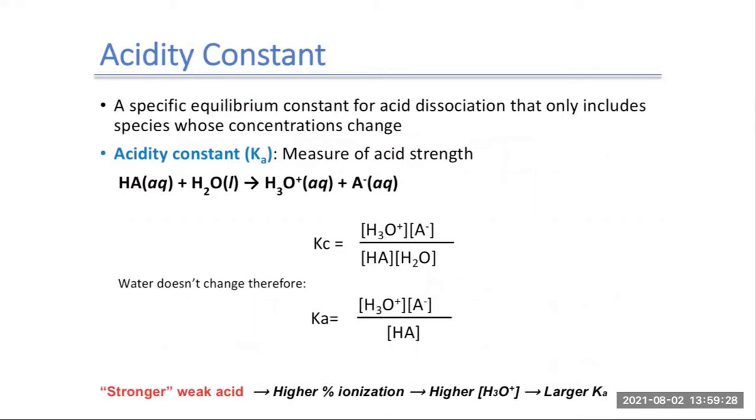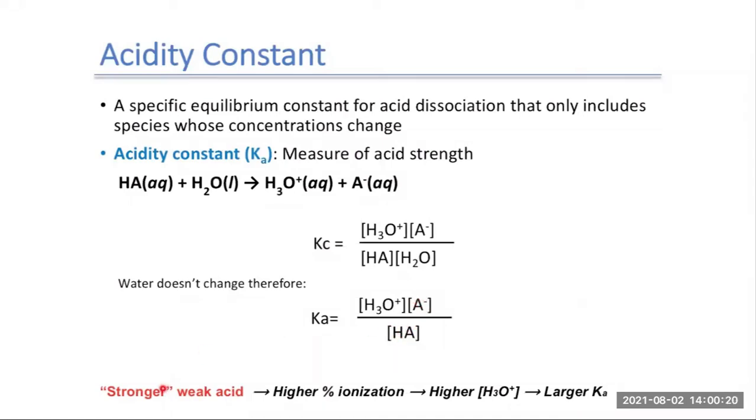Now looking a little more at the math behind it. When we talk about Bronsted-Lowry acidity, we usually talk about Ka, or the acidity constant. A specific equilibrium constant for acid dissociation only includes the species whose concentration changes. The concentration of water does not change in the course of a reaction, so we can get rid of the water here. So Ka, which is a measure of our acid strength, is the concentration of hydronium times the concentration of the base divided by the concentration of the acid.